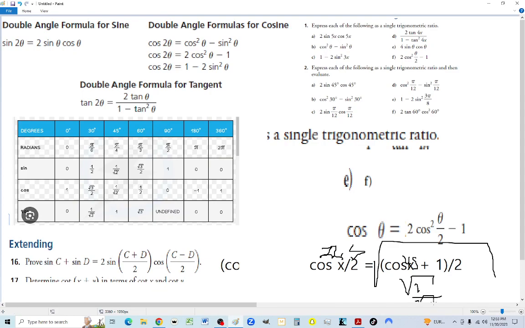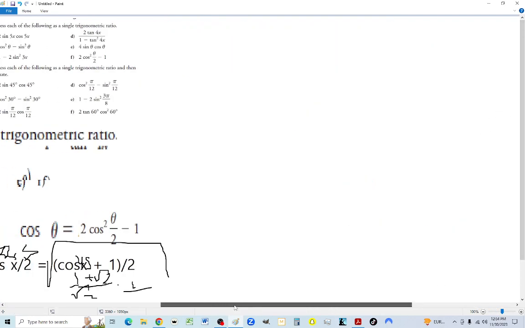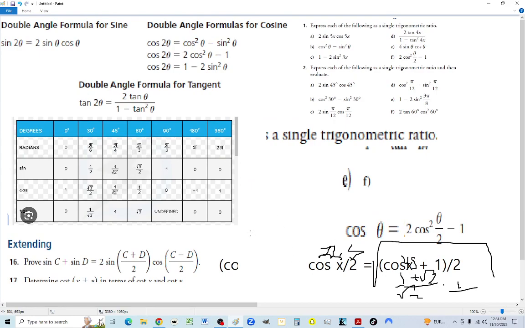Actually, the cos 45 becomes 1 over square root of 2 plus 1. 1 over square root of 2 plus 1 is the same as square root of 2 over square root of 2 plus 1, so we're talking about 1 plus the square root of 2 over the square root of 2. All of it divided by 2, which is the same as multiplying by 1/2. So you're going to end up with 1 plus square root of 2 over 2 times square root of 2.